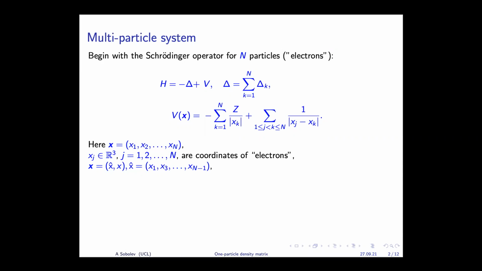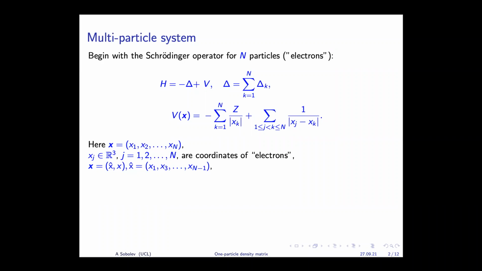Now, a little bit about the notation. So here you have x1, x2, xn. These are coordinates of the particles. They are all three-dimensional. So when you put them together, you get 3n-dimensional Euclidean space. The variable boldface x is exactly the collection of all the particle coordinates.